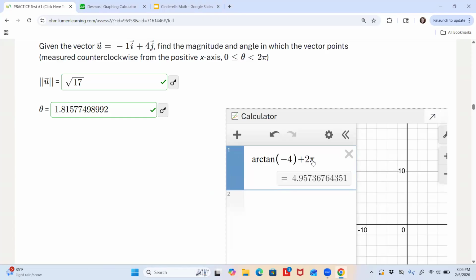And no, that's not right either. What'd I do? No, add pi. I'm sorry. Just add pi. There we go. And then I tried just doing 1.82, and they wouldn't take it. They wanted the whole answer there. So I don't know why. There you go.